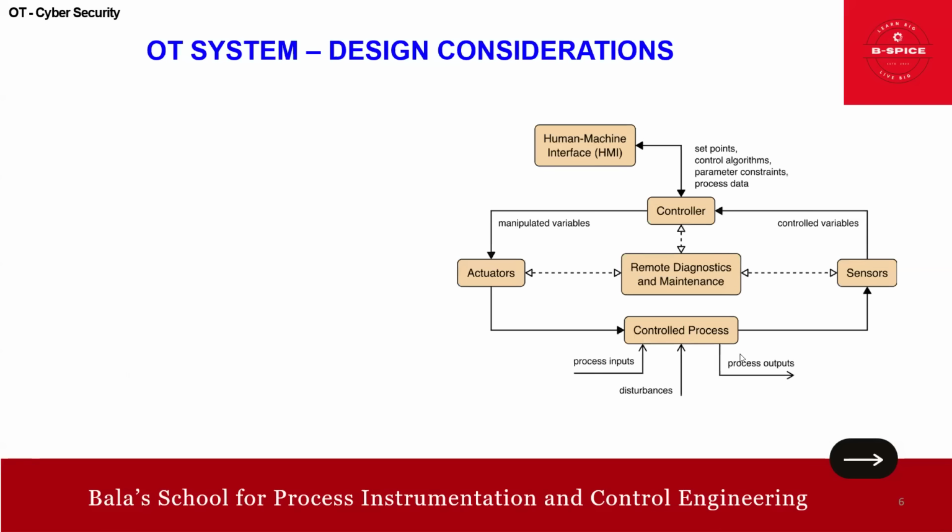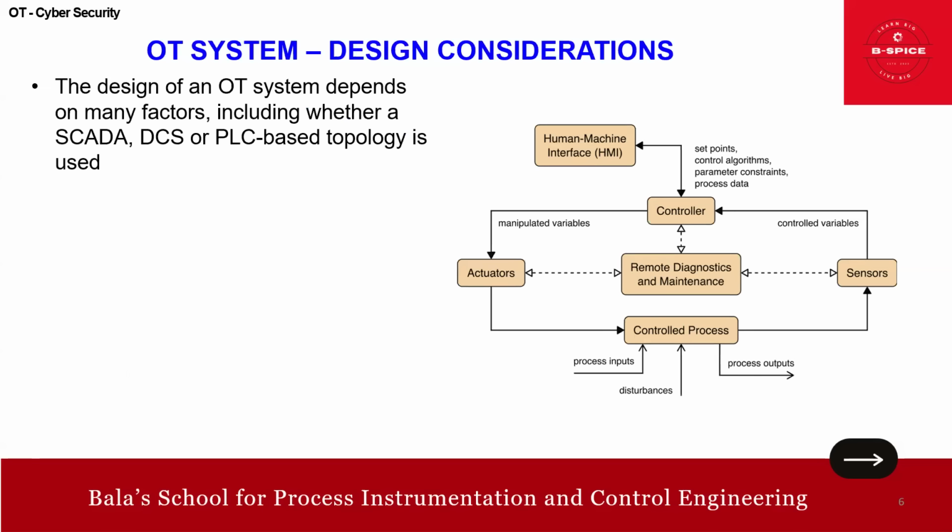Now we go into the design considerations. The design of an OT system depends on many factors, including whether it is a SCADA, DCS or PLC based topology. As I highlighted earlier: safety, control timing, geographical distribution, hierarchy, control complexity, availability, and impact of failures.